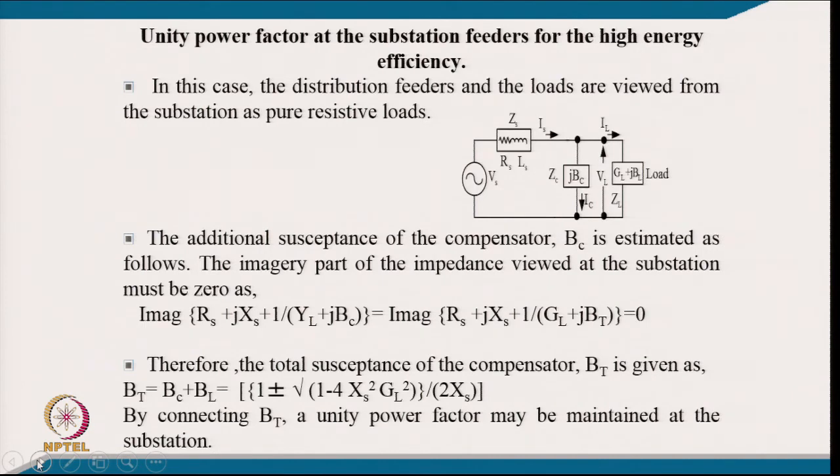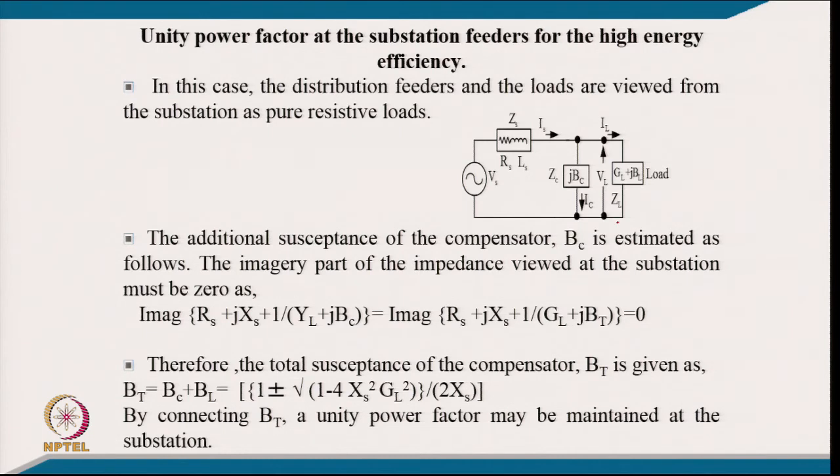Well, another case which we discussed is unity power factor at the substation feeder for high energy efficiency. In this case the distribution feeders and the loads are viewed from the substation as a pure resistive load, and we put in the compensator. The additional susceptance of the compensator BC is estimated as follows. The imaginary part of the impedance viewed at the substation must be 0.